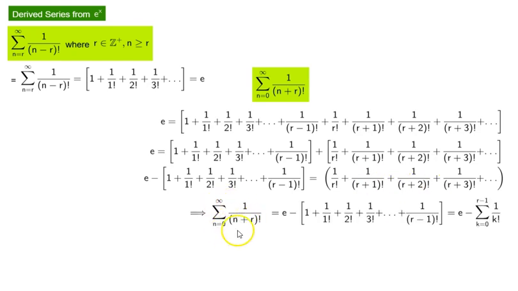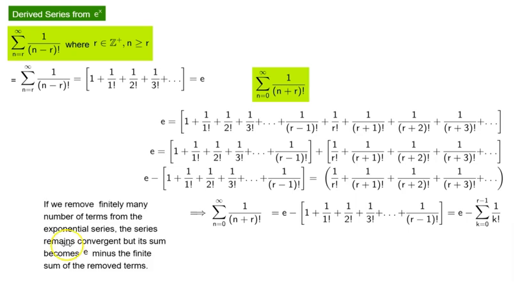So which means the series 1 by n plus r factorial is equal to e minus the sum of initial terms, which can be written as e minus the summation k equal to 0 to r minus 1 of 1 by k factorial. So if we remove finitely many terms from the exponential series, the series remains convergent, but its sum becomes e minus the finite sum of the removed terms, which is what we have done here.